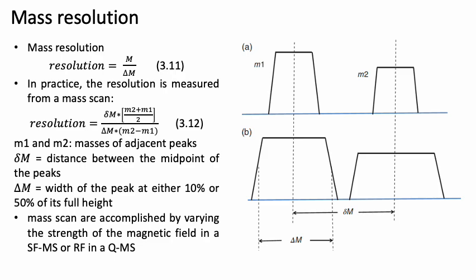And then you tune the mass spectrometer until you get a resolution that's sufficient for your problem. Typically, we measure either at 10% of the full peak or 50%. So you measure at half the peak in order to calculate the mid position and the delta M.